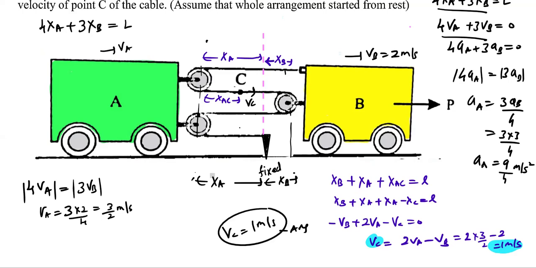Okay, now, sir, why are you writing this negative sign? As block B moves, this length of particular string will change. The negative sign will be if this length increases, I take negative; if the length decreases, it will be positive.